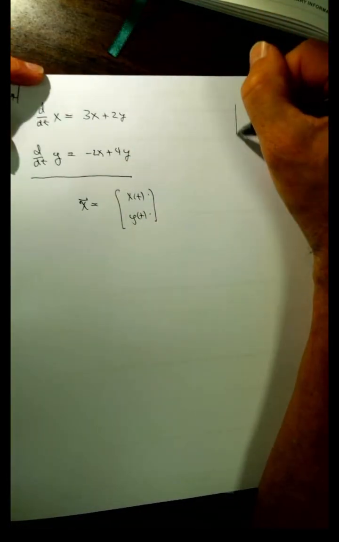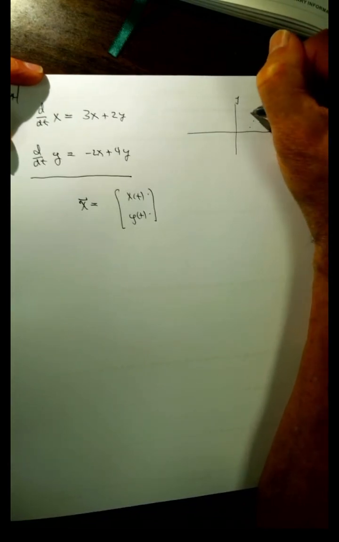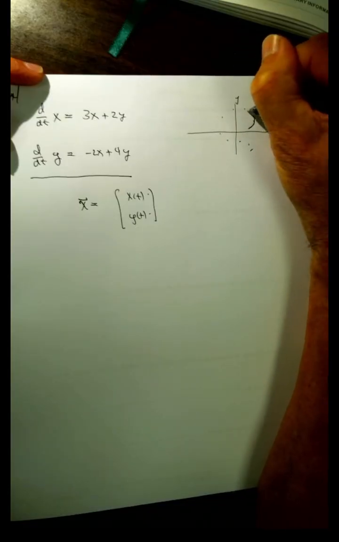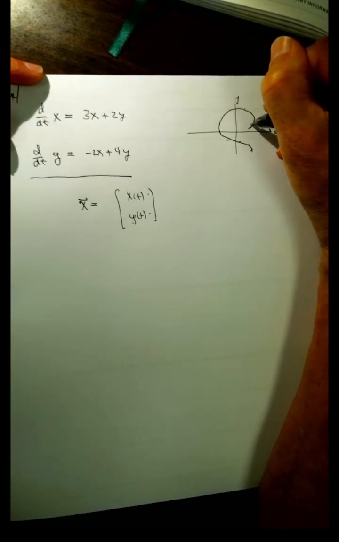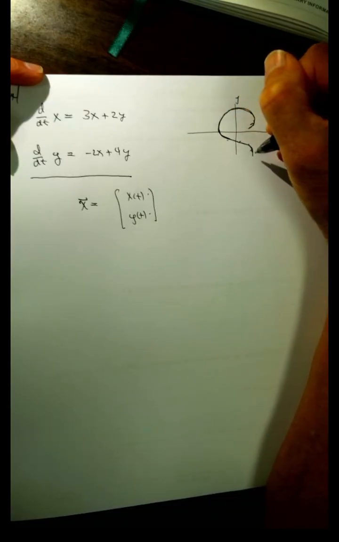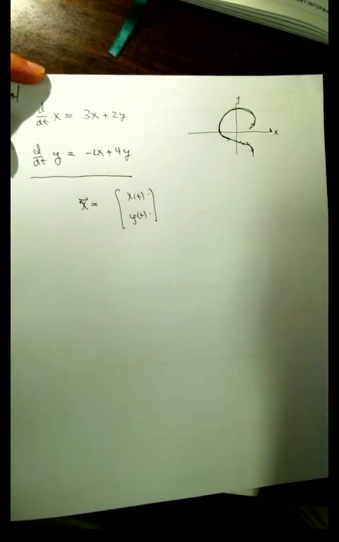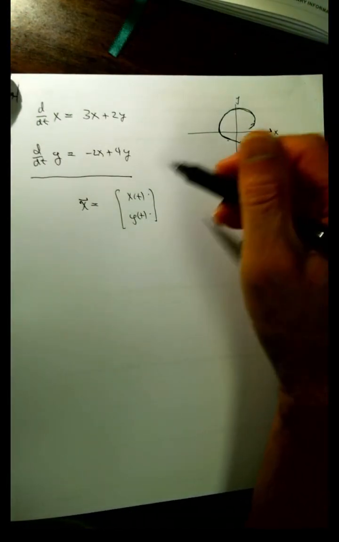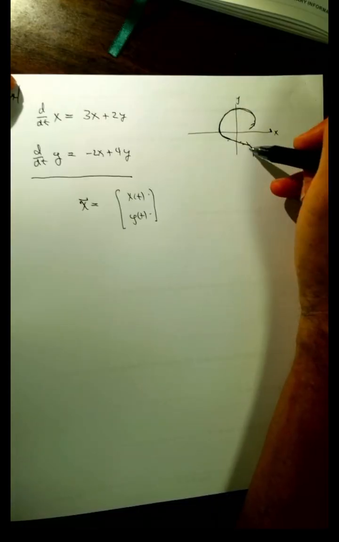So this is going to basically mark out a path. So at any given time, I'm going to have an x and a y coordinate, and that's going to change. And as you mark out in time, you move along that path. I can think of our solution as a path in the xy plane. And as it changes in time, our coordinates change in time.